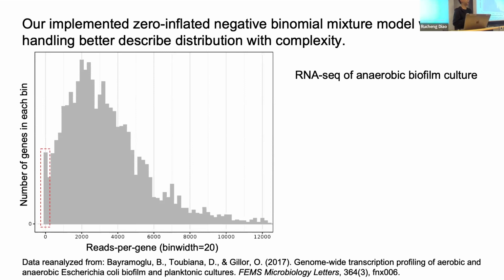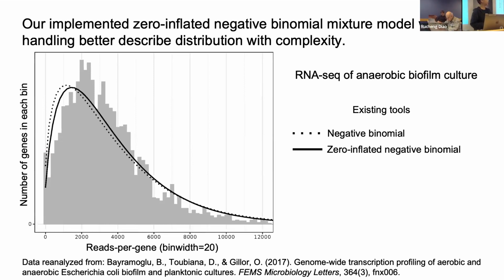The distribution roughly follows a negative binomial distribution, but again, given the inflated zero, if we use existing tools to fit either a negative binomial distribution or a zero-inflated negative binomial distribution, which has only one count component, we'll get the dashed line for the negative binomial distribution and the solid line for the zero inflation.